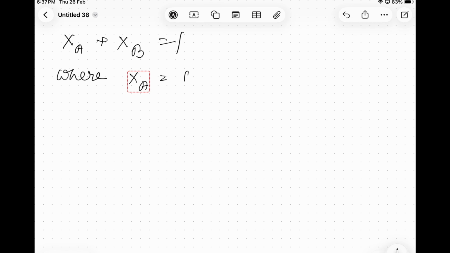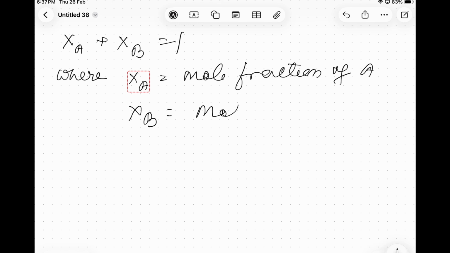That means XA plus XB is equal to 1, where XA is the mole fraction of A and XB is the mole fraction of component B.